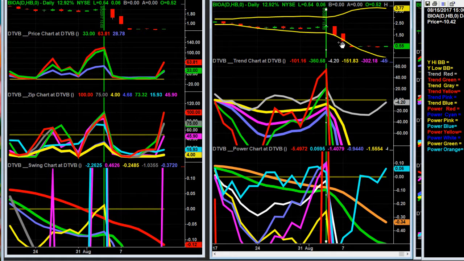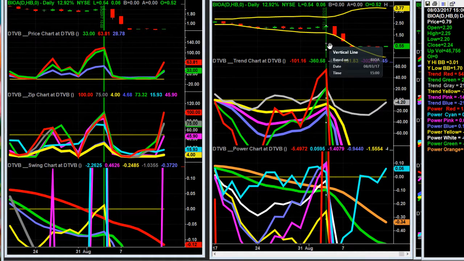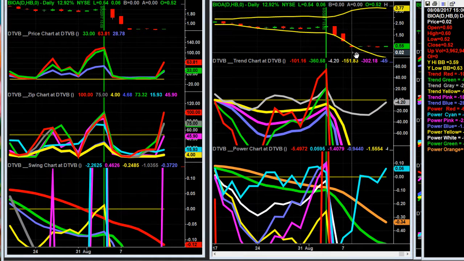Now, the other thing I want to point out to you here in this example, on this day, this is a low price stock, but on this day we were at $2.24. 3 days later, down here, 3 red candles later, we are at 52 cents. Now, if that thing was only at $2 and it went down to 50 cents, that would be a 75% drop in value.